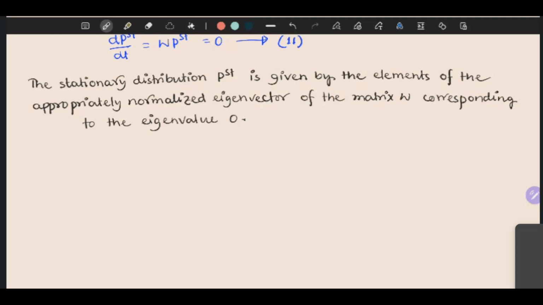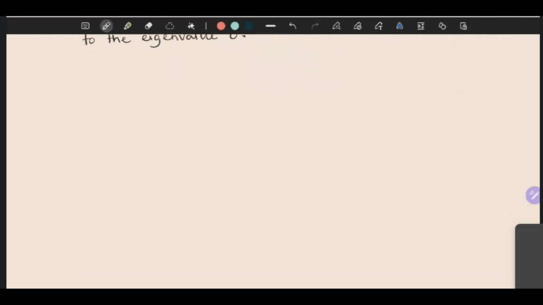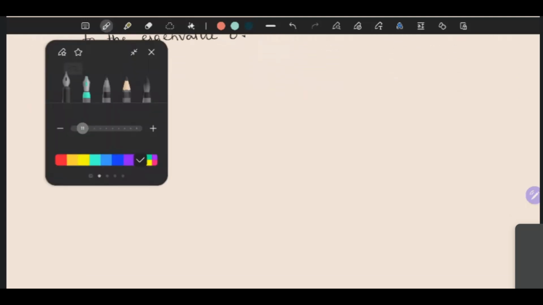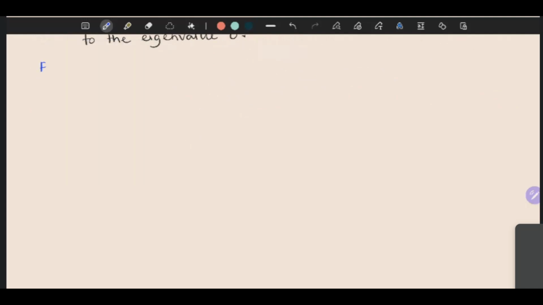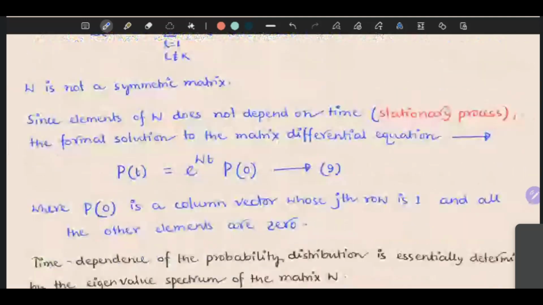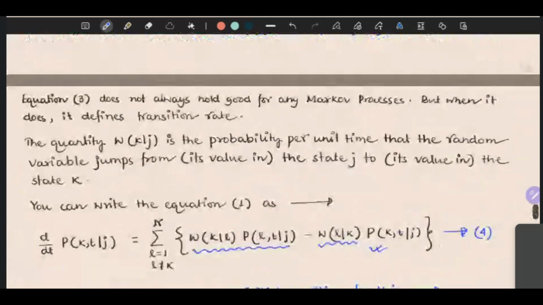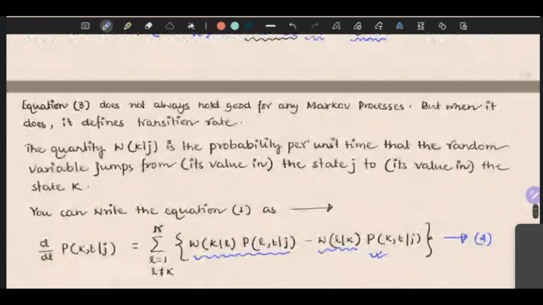So now we will use the explicit form of equation 4.